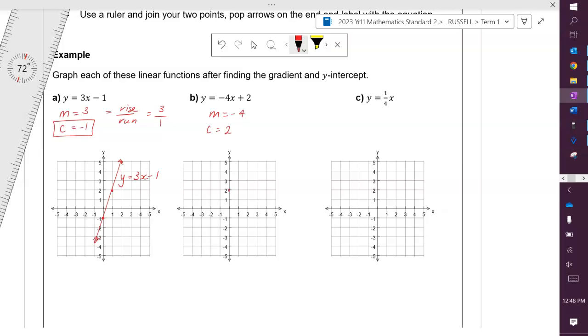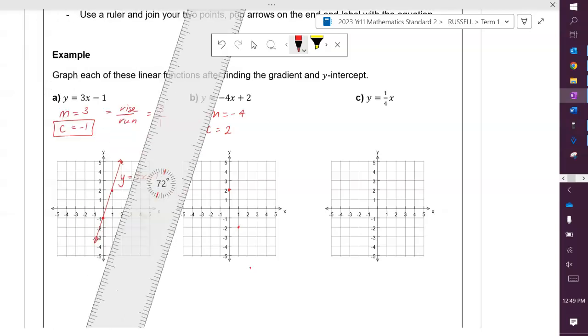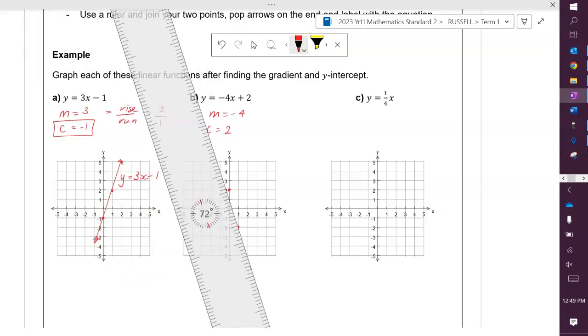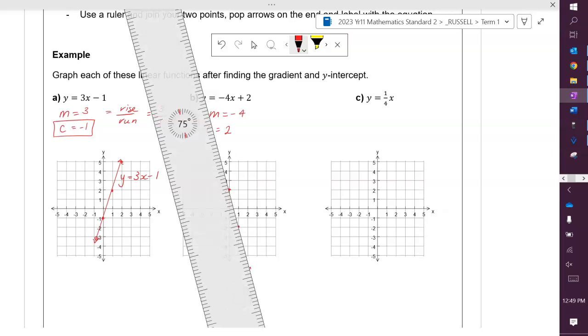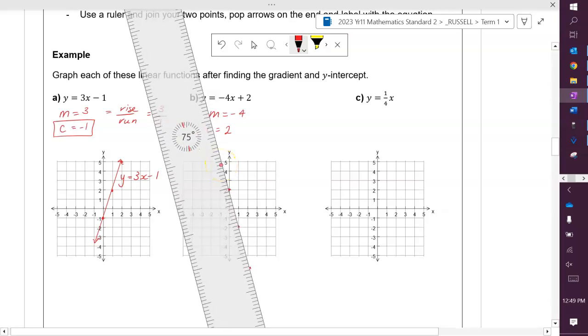So I start at my y-intercept, so for every 4 down, so 1, 2, 3, 4, I'm running 1 across. 1, 2, 3, 4, I'm just off the graph, oh, here, 1, 2, 3, 4, and 1 back. Okay, so you can go off the grid slightly if necessary, but try and line up specifically those 2 points, and then if you've got that third one off the graph as best as you can.